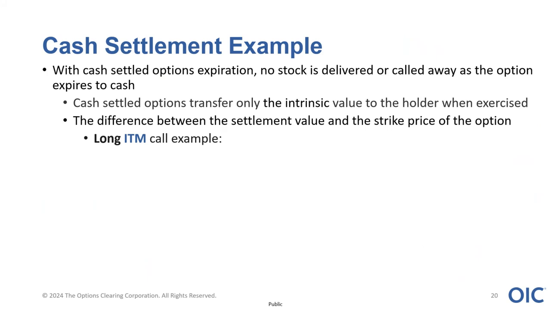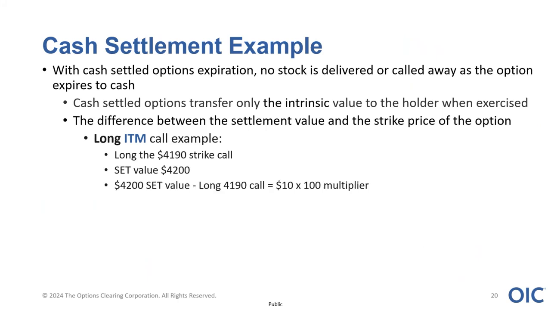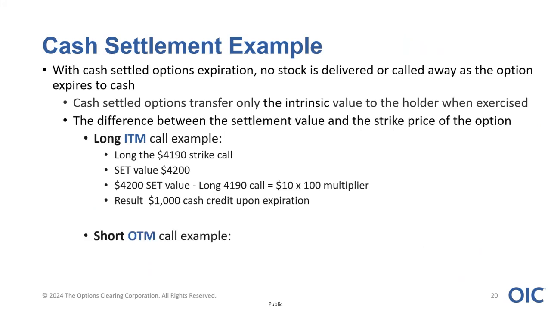So in the case of a long in the money call, let's say you're long the 4190 call, and the set value the next morning comes in at 4200. So the set value is the cash print of the index minus that strike, 4190. That's going to tell you that call's worth $10. In the case of that option, the multiplier might be 100, and the result might be $1,000 of cash credit on the expiration of that option.